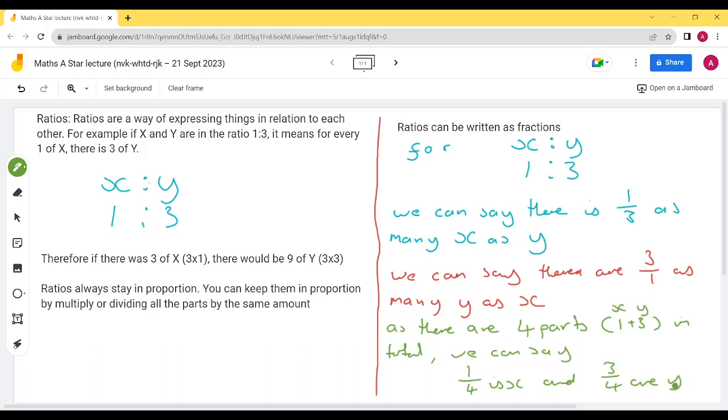So these are all ways you could write it as a fraction: x to y, y to x, or x or y to total. If you do it to total, the denominator is always the total number of parts. I'll give you a second to copy that and then we'll move on.